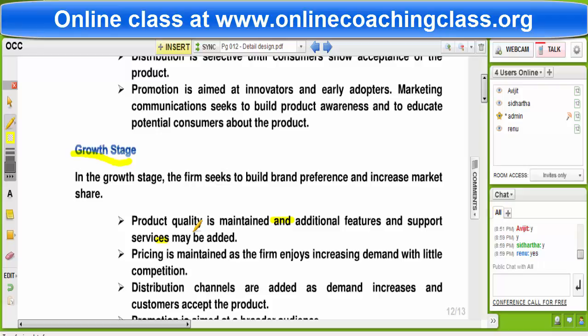But when they introduce the higher model, they introduce slowly airbag, ABS and every safety feature. When they go through the market and feel that extra security is needed, they introduce slowly the ABS airbag system on a high model. So in the growth stage, you have to look at your branding.